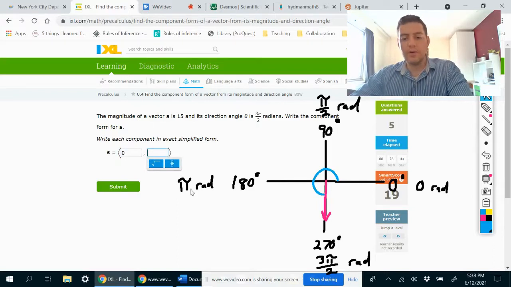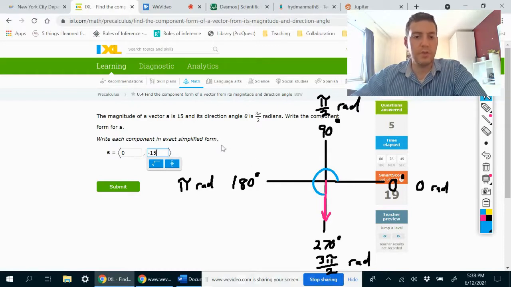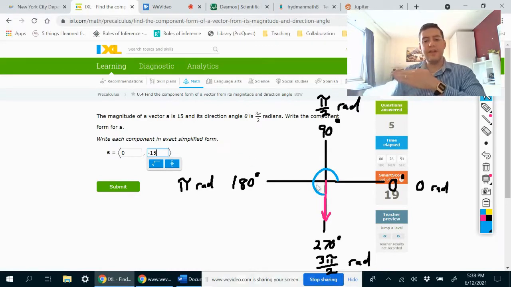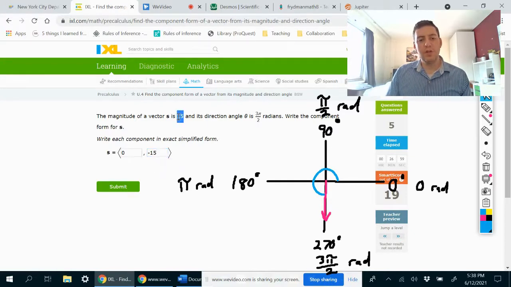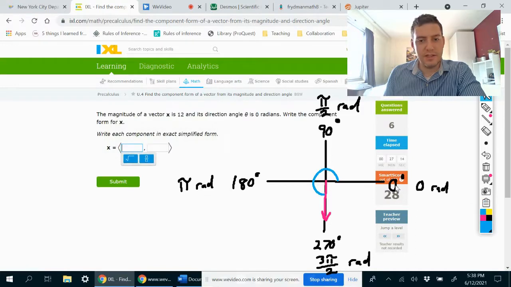The vertical component would be negative 15. So when you have a vector which is completely horizontal or completely vertical, then the magnitude would be the same as one of these components, except possibly negative if it's pointed down or to the left. Okay, let's continue.